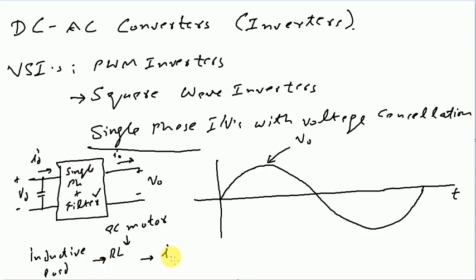that the output current, that is I naught, lags V naught by some particular phase angle, let us say that is phi. So if you want to plot the current waveform, we'll have something like this, for example, that will have a certain lag.